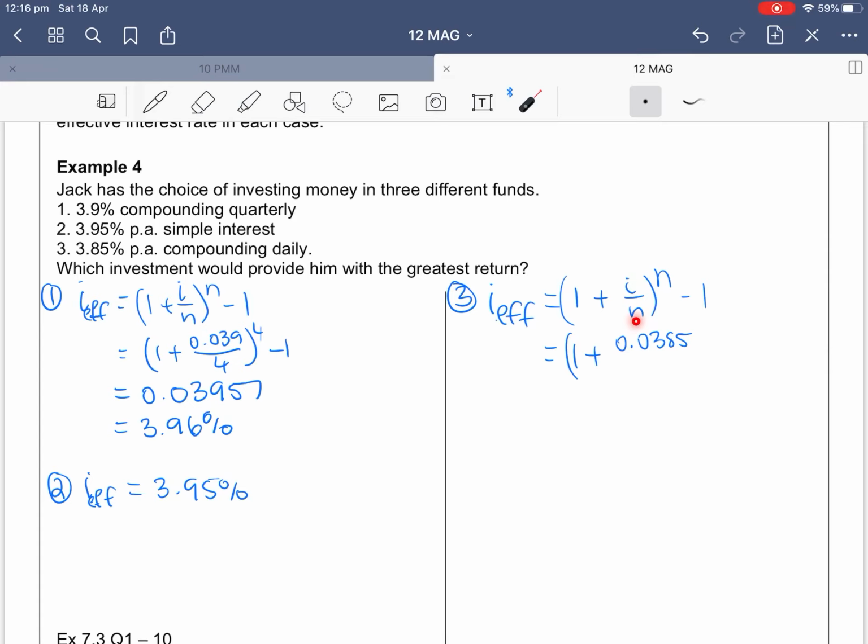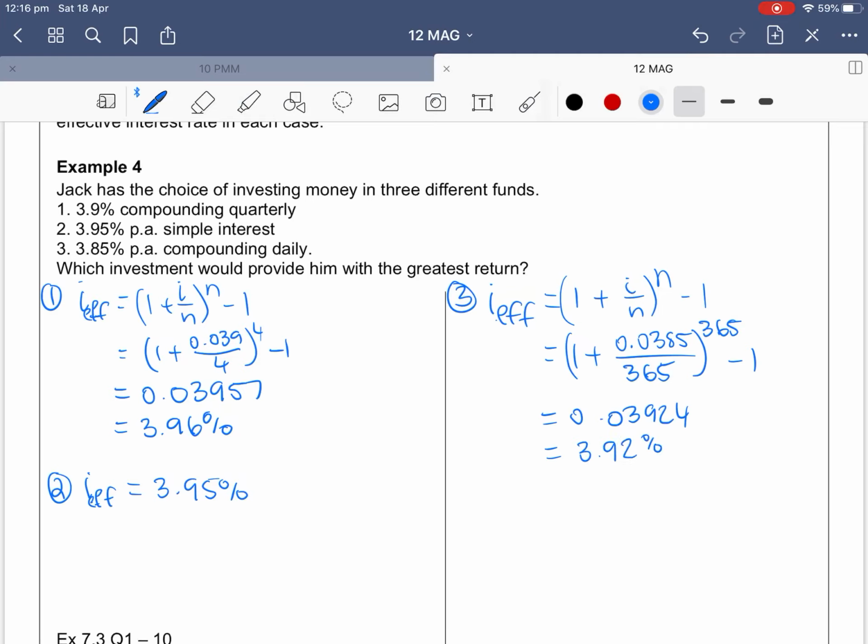We're going to assume there's 365 days in the year. It's not a leap year. To the power of 365, minus 1. All right, pop it all in. We end up with 0.03924. Writing that as a percentage is 3.92% to 2 decimal places.